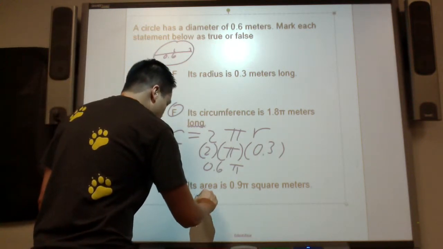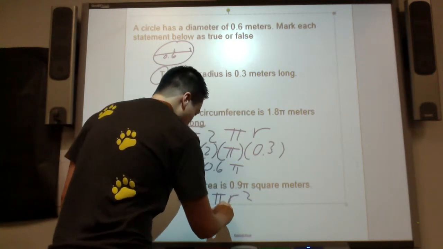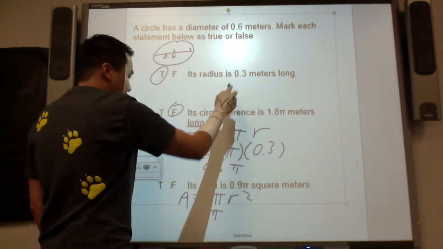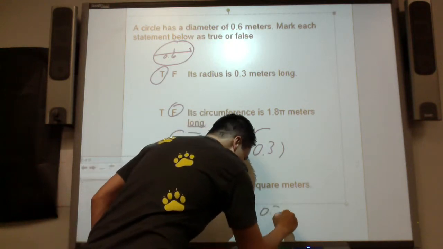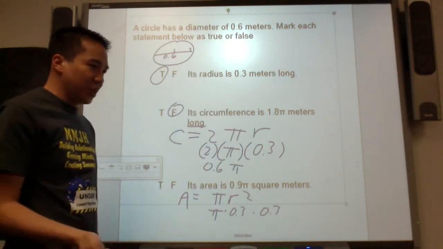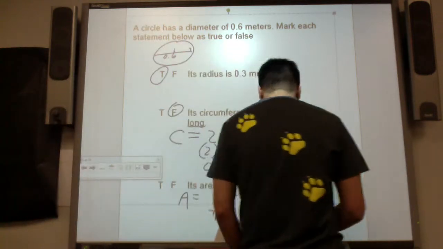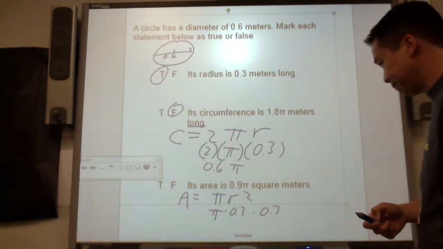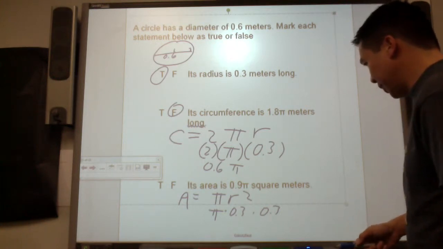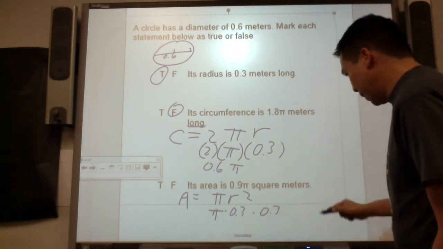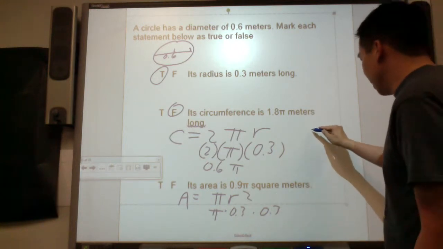So how do you find the area of a circle? Pi r squared. So you have pi. What's the radius? 3/10 times 3/10. What's 3/10 times 3/10? 3 times 3 is 9. So it'd be 9/100. Wait, 3/10.